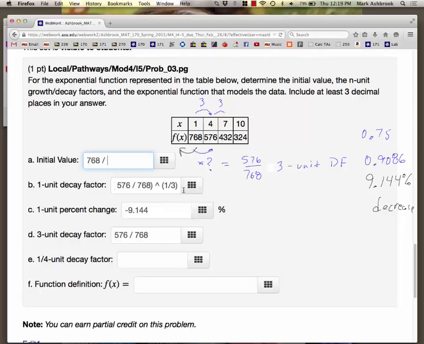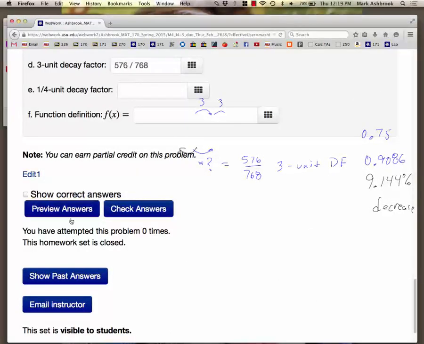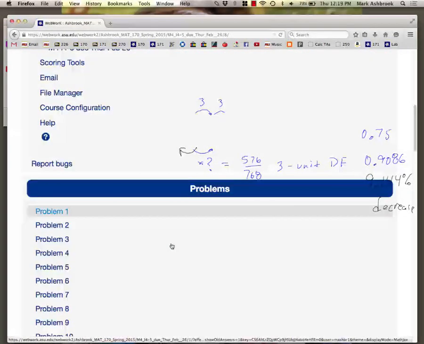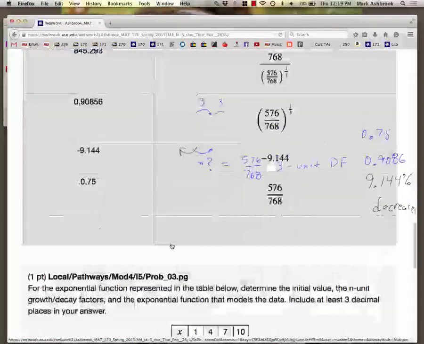So I'll just take this whole thing, and do parentheses, paste, 1 parentheses, and let's use preview. I just want to show you the preview thing.